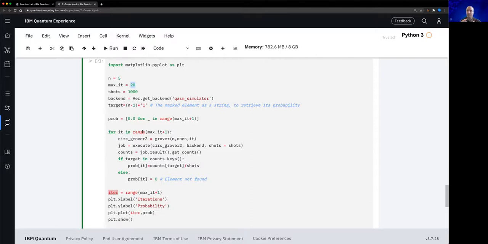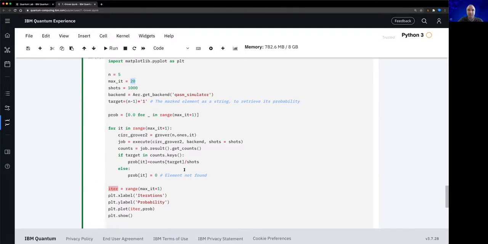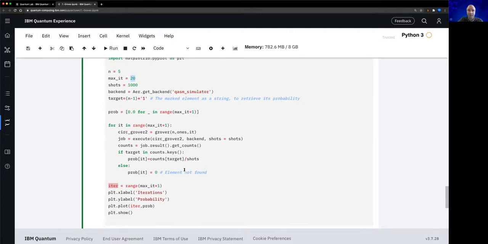I'm going to see the probability of finding a marked element with that number of iterations of Grover, for this case in which I have 1 element marked out of 16. You can check the code here, but it's nothing special. It's just computation of the probability of finding a marked element.